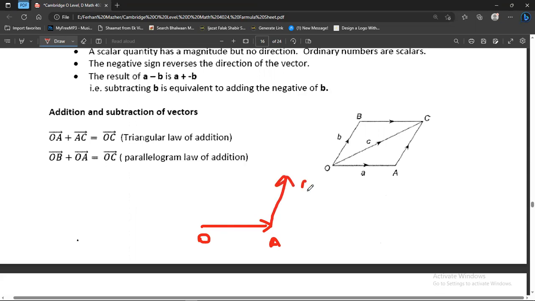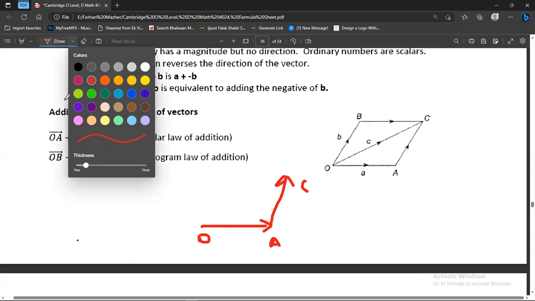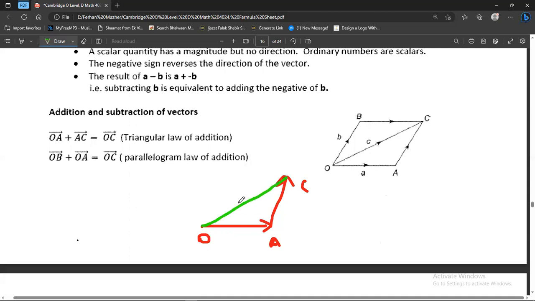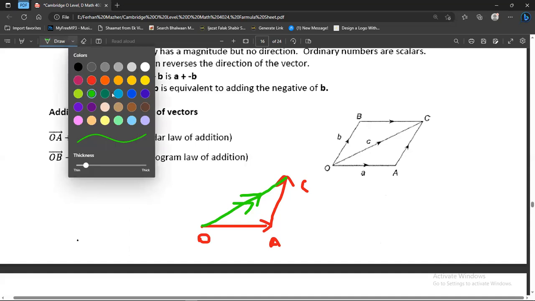And for example, this is C, and then you join the tail of the first vector with the head of the last vector, and that is your resultant. This is the triangular method. If you want to use the parallelogram law method for adding up these two vectors, then the method is a little different.